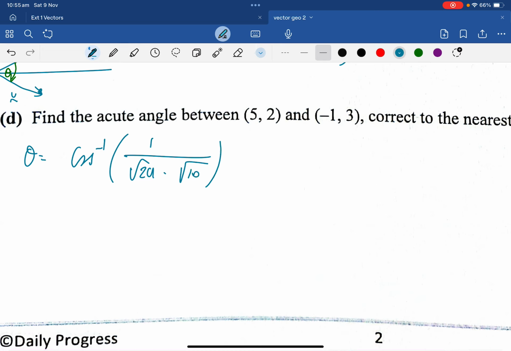Okay, so then cos inverse of this, 1 on root 29 times root 10, is equal to 86 degrees 38 minutes, which to the nearest degree is 87 degrees.